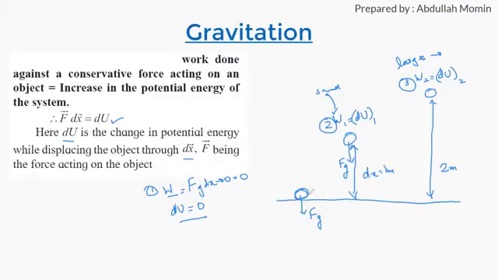So if we are doing a large amount of work, that means the change in potential energy is large. And if we are doing a small work, the change in potential energy is small. So whatever work we do on the object is stored in the form of an increase in the potential energy of the system.